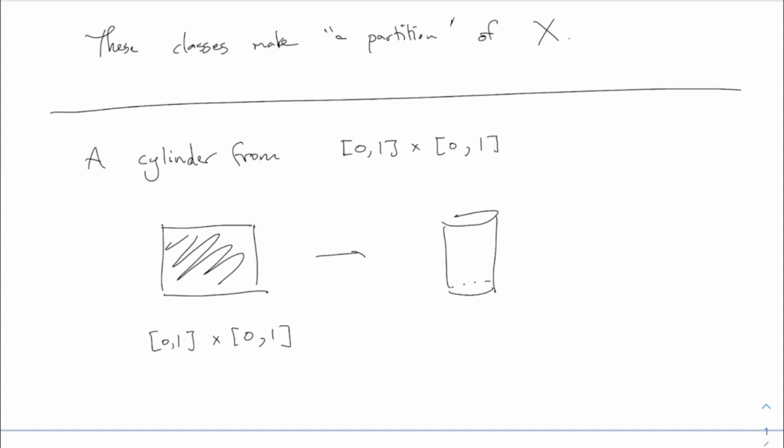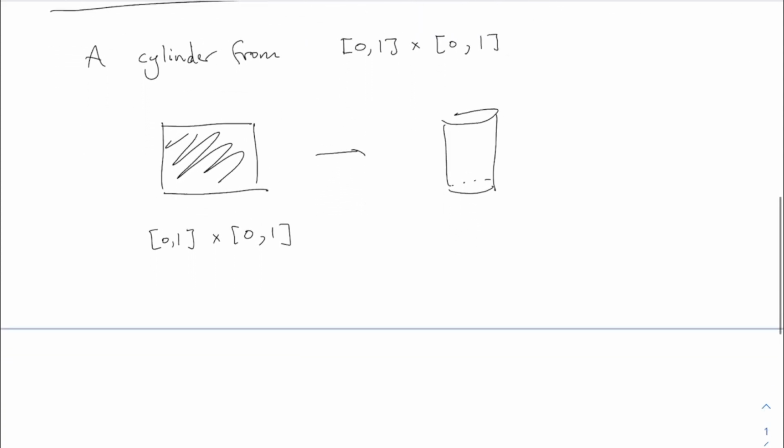All right, so can we write those down? So the classes in this case, first of all, the points that just don't get glued to anything would be just themselves. I'm writing it as a point in two coordinates because it's in that rectangle over there.